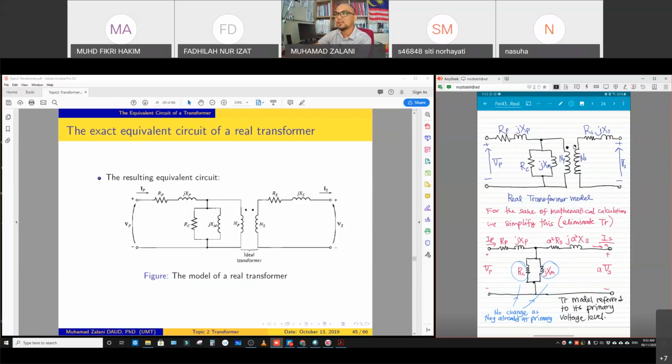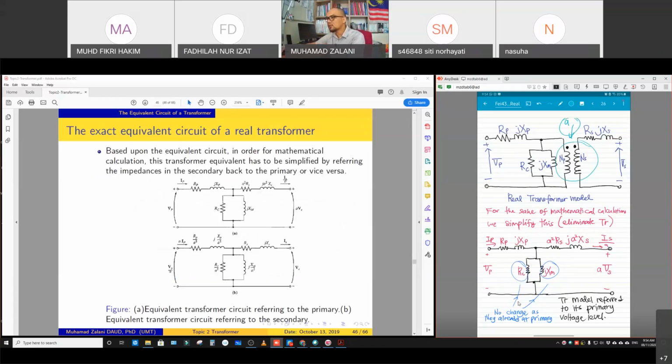What we do is simplify using the turns ratio of the transformer, which is A. We use this A to eliminate the transformer part in this equivalent circuit, so that we can represent it in a simpler form without the transformer, as you can see at the bottom of this figure.